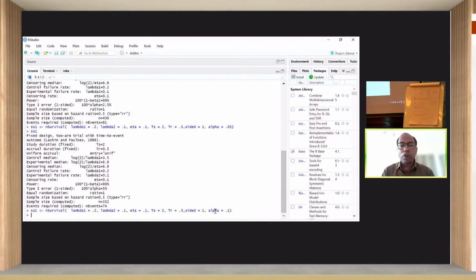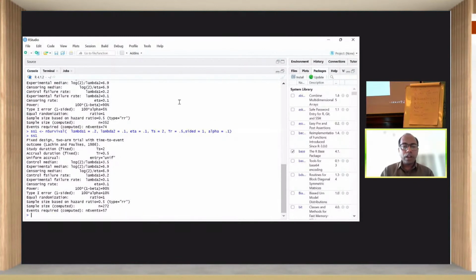So from 0.05, I change it to 0.1. See, my sample size has drastically reduced from 352 to 272. It will keep declining as you keep increasing your type 1 error value.